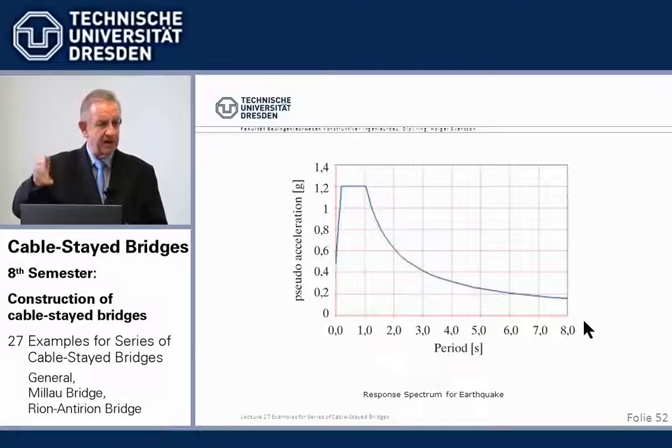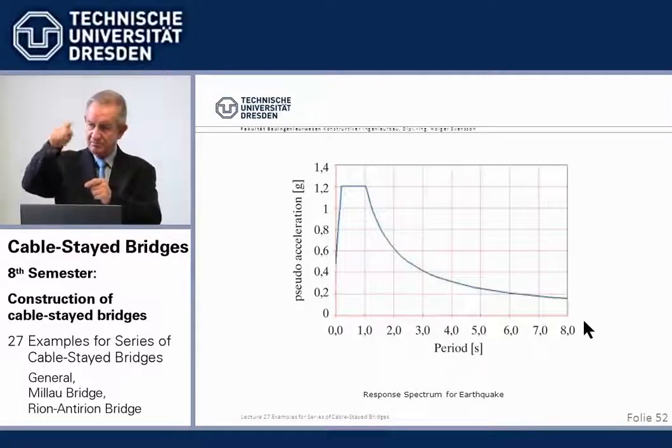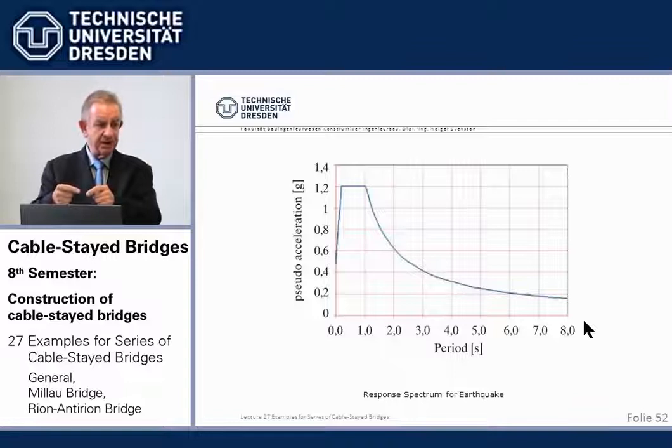It oscillates some way. And then we have a defined single mass oscillator to which we apply this earthquake. And the response of this single degree of freedom oscillator, that's what we call a response spectrum.